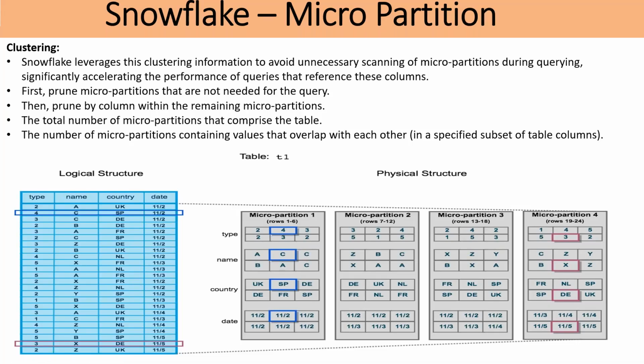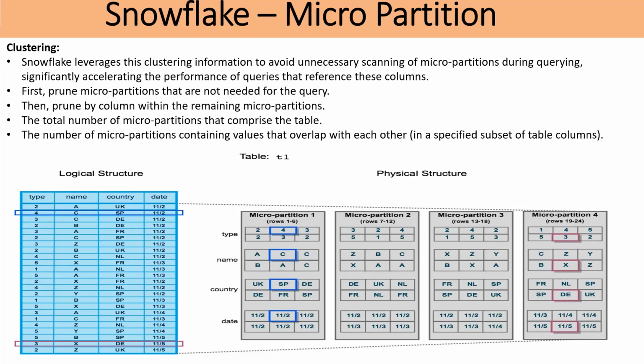When you have issued a query on the date, how many micro partitions has it scanned where date is equal to 11/2? By looking at this, can you tell me, guys, please? Select star from this particular table, table T1, where date is equal to 11/2. How many micro partitions does it have to read to get you the data? 3 micro partitions.